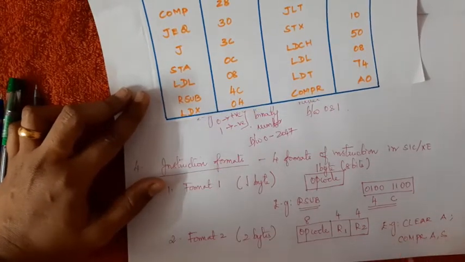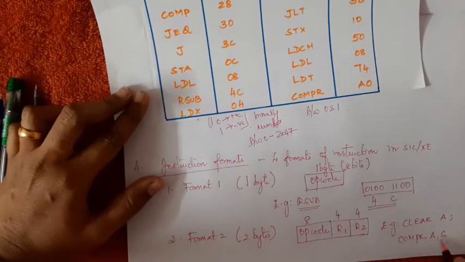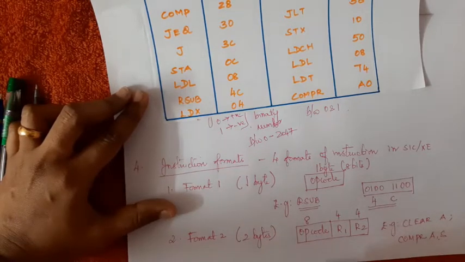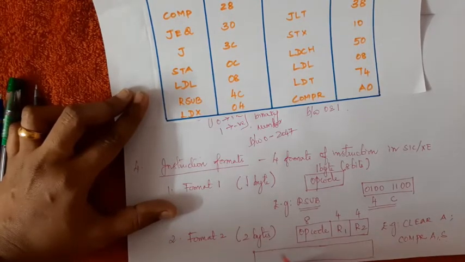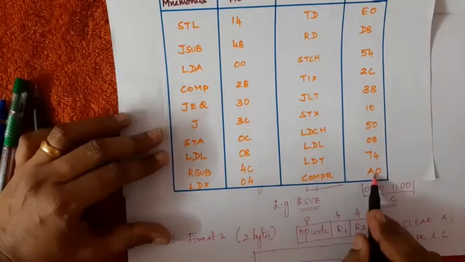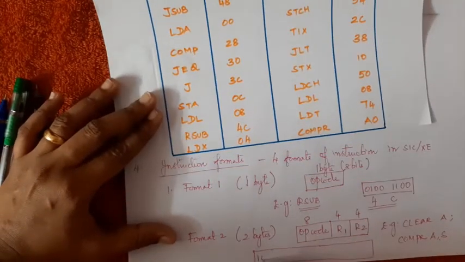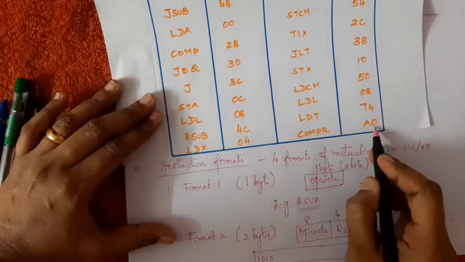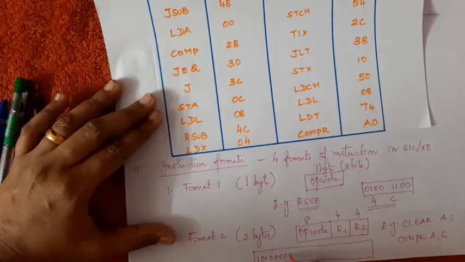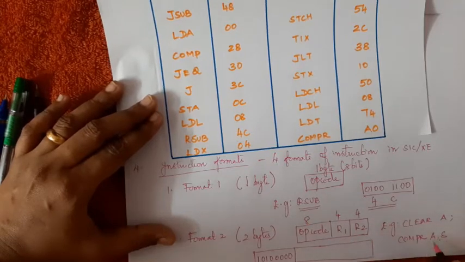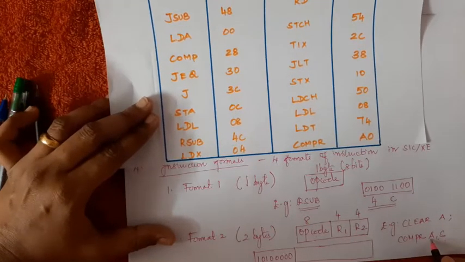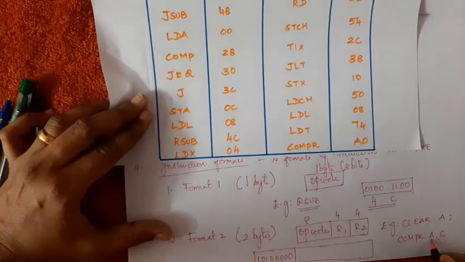Now we'll write this example for compare A comma S. How do we write here? So we go for compare. The compare opcode value is A0. The value of A is 1010, and 0 would be 0000. So here we have 8 bits in total. So register 1, accumulator. As I said, accumulator is 0.